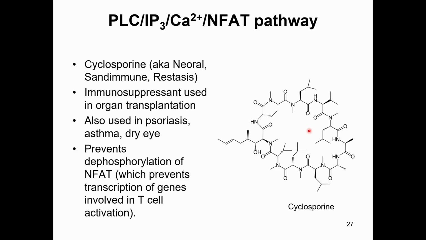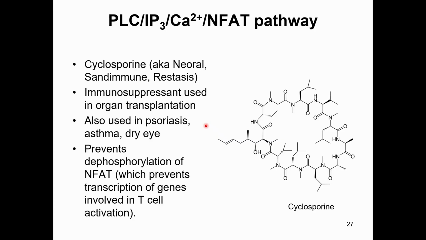Okay, so a little bit more about this pathway, and a little bit having to do with tissue rejection. So cyclosporin is an immunosuppressant, and it looks like this. It's called cyclo because it's a big long circle, right? It's used in organ transplantation.